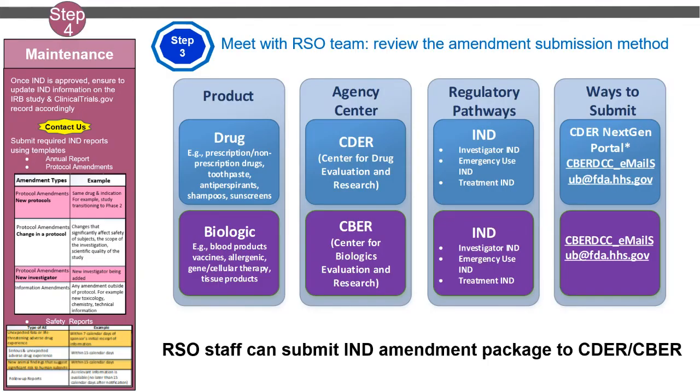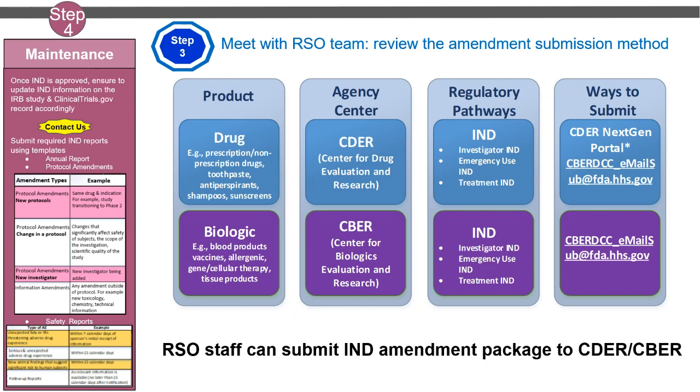Once the study team puts together the IND protocol or information amendment package using the templates provided by us or that is available on our RSO's website, you may contact our RSO team for review. Then, when review is complete, the next step is to submit the amendment package to the FDA, which we can assist by submitting via the CDER NextGen portal for drugs and via CBER email directed to an FDA receiving hub, that is the CBER Document Control Center.